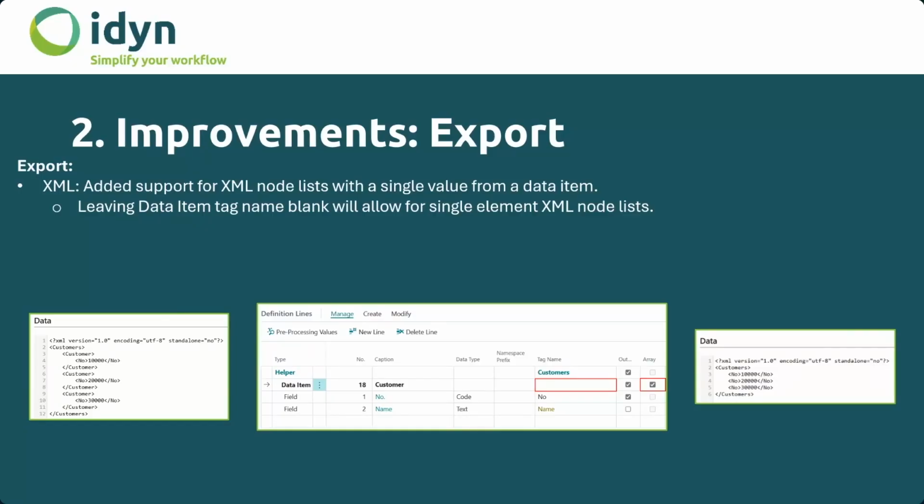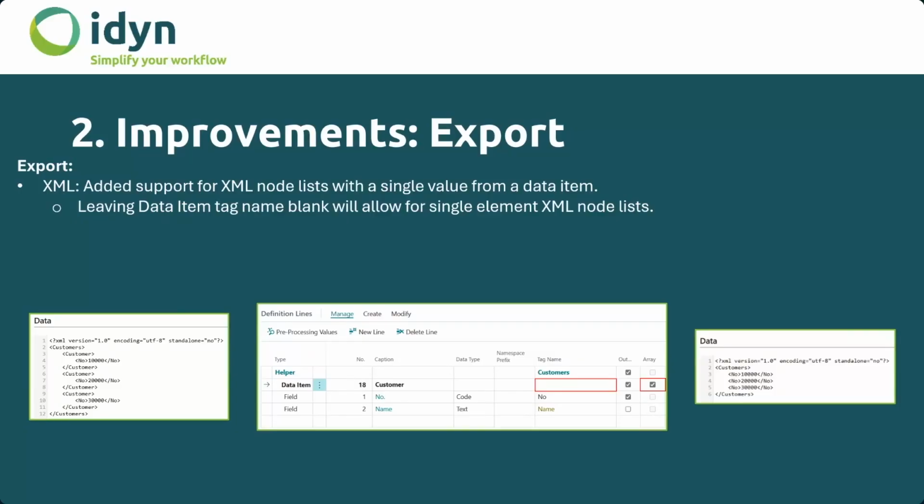That's also still possible, of course, but if we use the definition lines in a certain way, where we leave the tag name blank for the data item, then we can create a single value node list instead. So the example that you see over here is based on the customers.